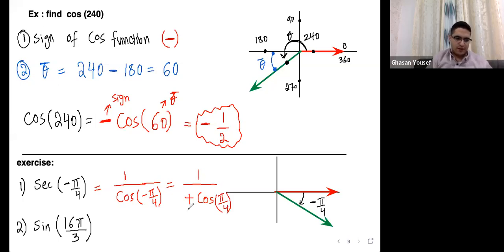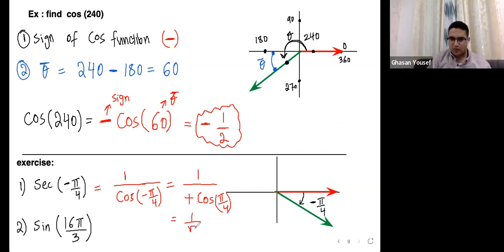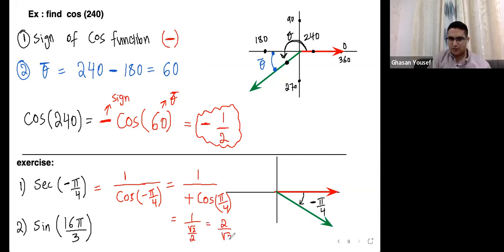And what is the value of the cosine of pi over 4? You should know. Square root of 2 over 2, right? And the reciprocal is 2 over square root of 2. This is the answer.